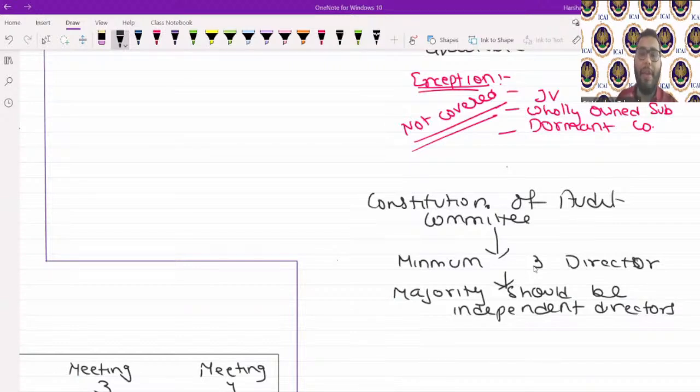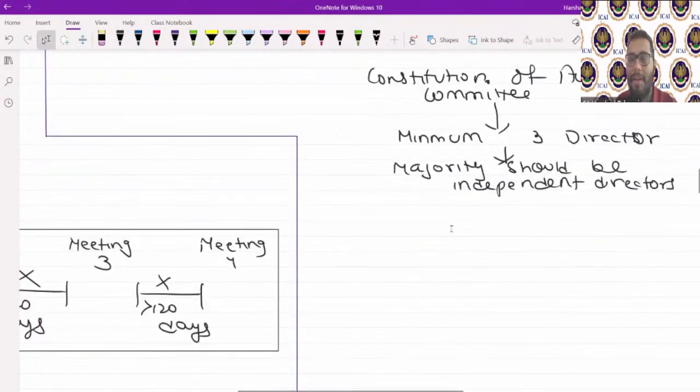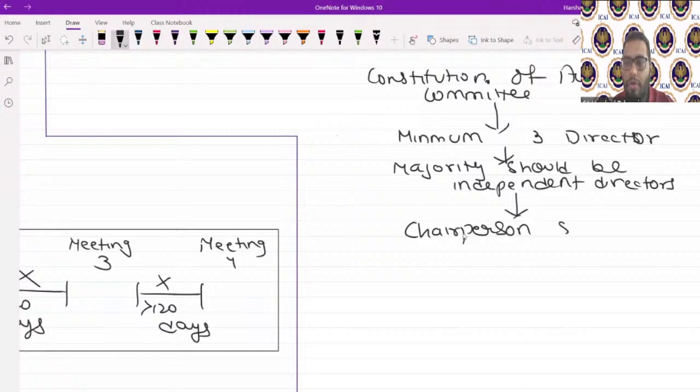Not only that, earlier it was said that every member of the audit committee in LODR should be able to read and understand financial statements. Now this requirement in the Companies Act is restricted only to the chairperson, who should be financially literate.